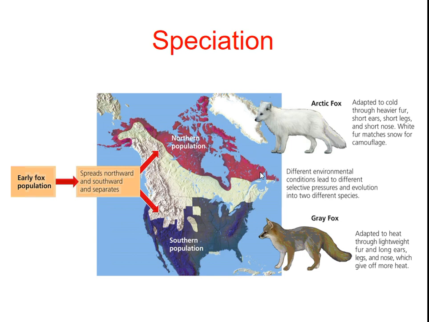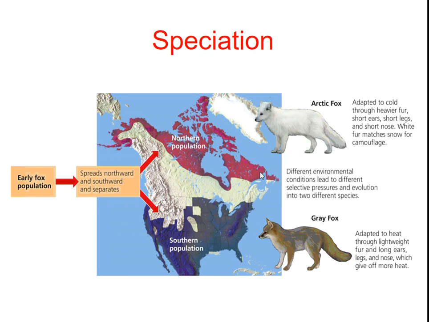So what emerged were two different species, one being the Arctic fox, adapted to a glaciated or a colder environment where they have heavier fur, short ears to reduce heat loss, and short legs, and a short nose. The camouflage white fur, of course, allowed it to blend in its environment.